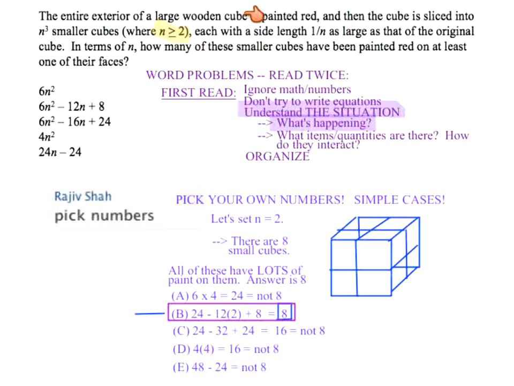You have a big cube that you slice up into n cubed smaller cubes that are each the same size. So n is how many cubes on a side. If n is 2, you're cutting it up so there are 2 cubes this way, 2 cubes that way, and 2 cubes that way, and so on. You might have to think about that for a little bit, so make sure you do. Katie, let me know if that makes sense.